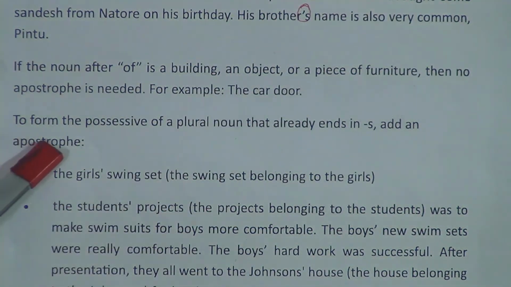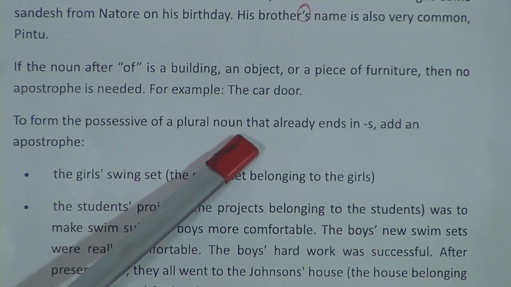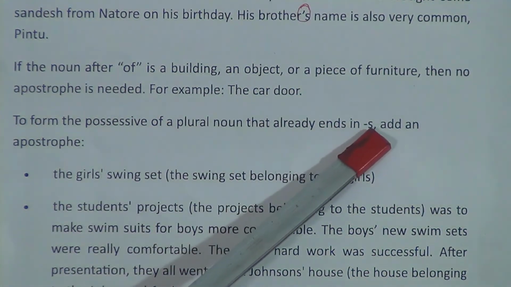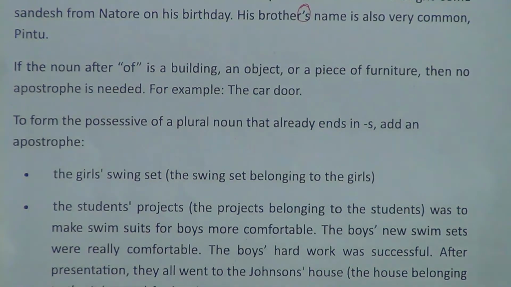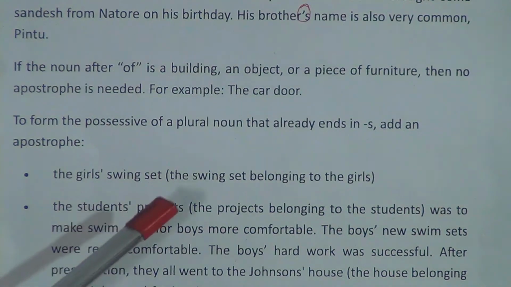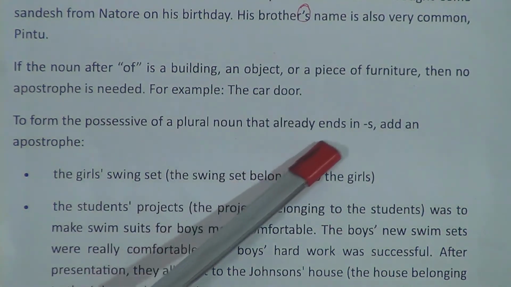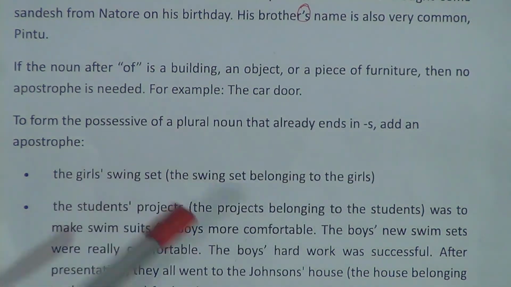And now to form the possessive of a plural noun that already ends in s, add an apostrophe. So if you want to form the possessive of a plural noun which already ends with s, we will put an apostrophe at the end of the word.